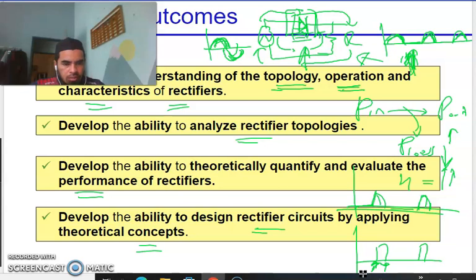And how do you develop this kind of signal? Applying theoretical concepts, you want this kind of signal at the output, so theoretically, this kind of signal should be applied.